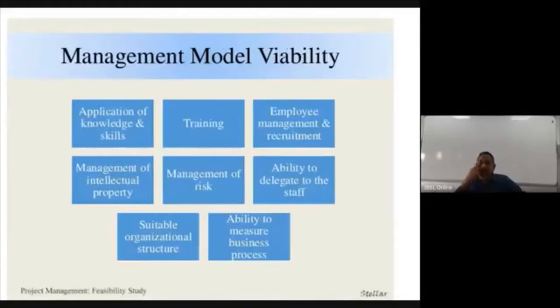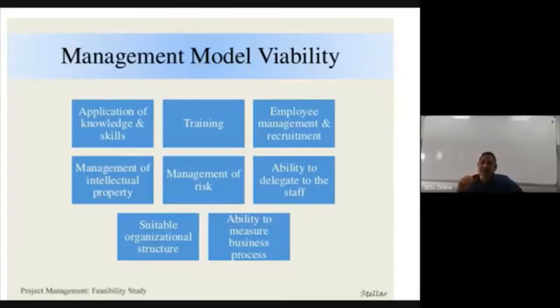Then the management model viability. What is the management? Who is making the decisions? Who makes the decisions? Application, knowledge, and skills. Most of the time, when we discuss project reports with bankers, we ask for the promoter's background. What is his knowledge, skill, and capabilities?